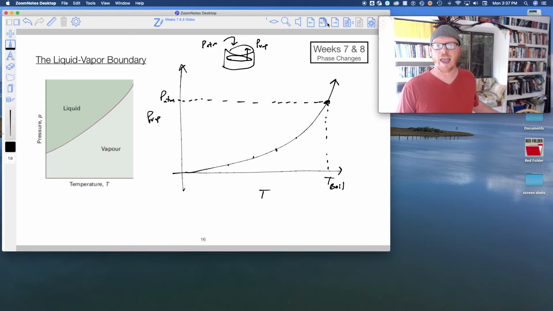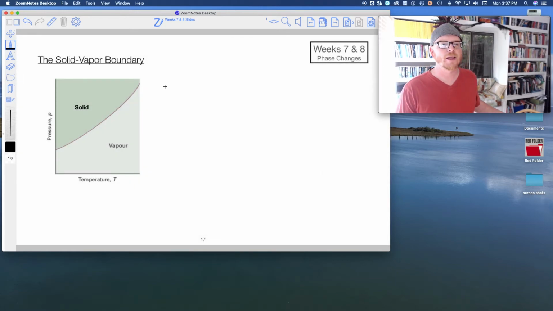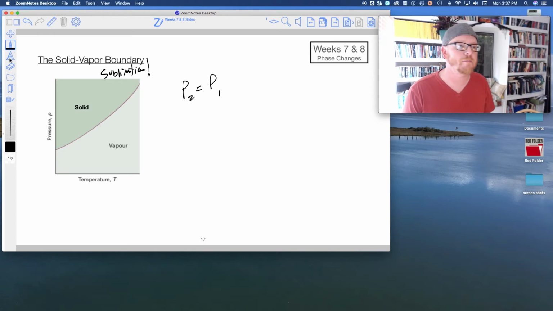Okay? And so now the solid vapor boundary, okay, turns out that it's exactly the same. So this is for sublimation, right?